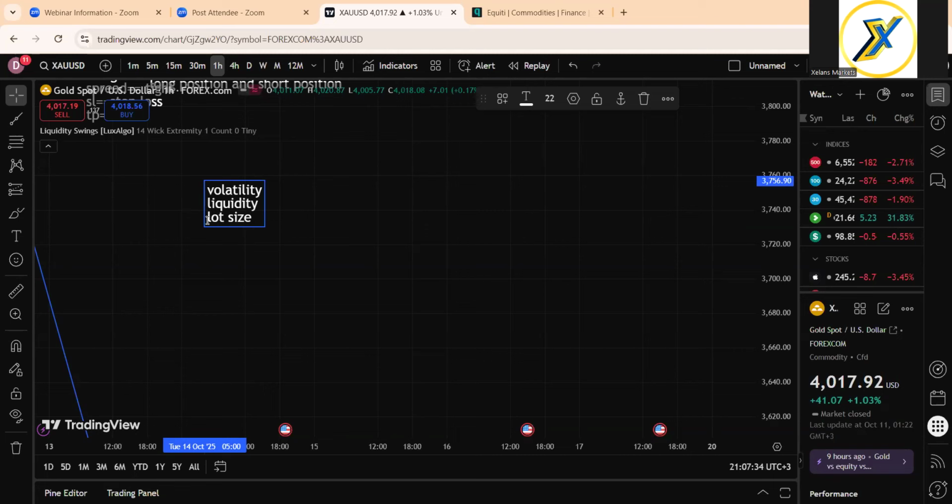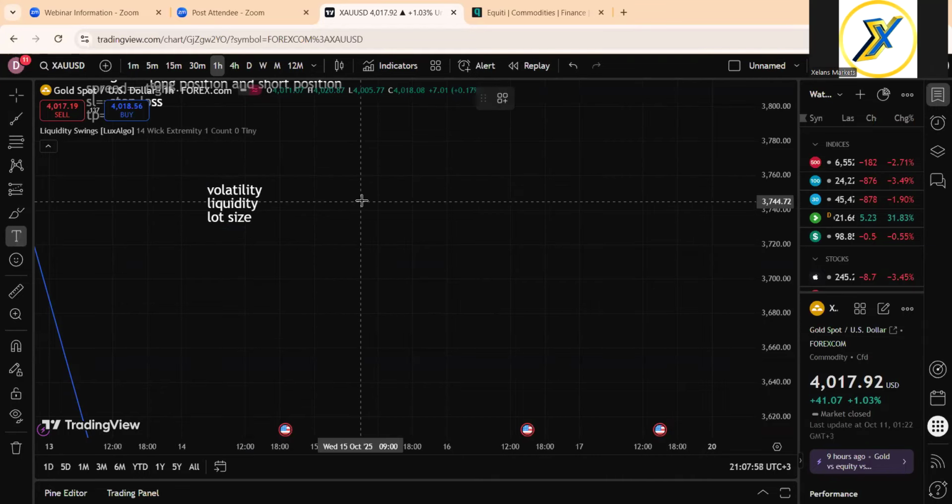If you're buying or selling with a bigger lot size, it shows you are getting into the market with a very big position. For example, if you open a trade, you're not just buying one USD, one euro, one GBP, you buy it in lots. So we have what we call the standard lot.